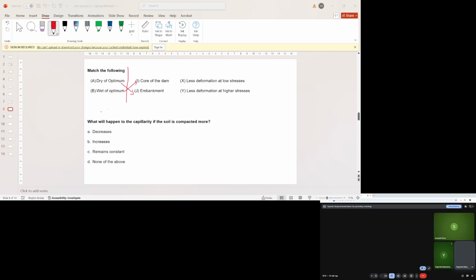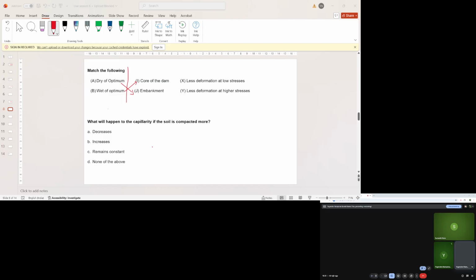What is the relation between capillary rise and voids ratio or particle size? Hc is inversely proportional to e into gamma D10.